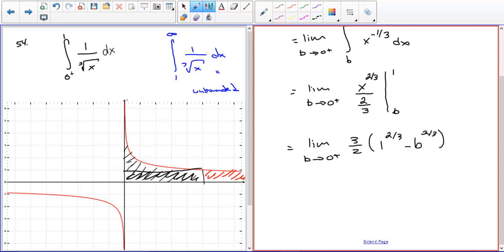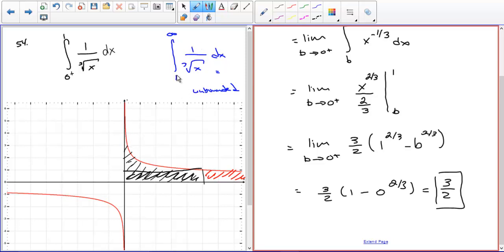So when you plug 0 in for b, you'll end up with 3/2 times 1 minus 0 to the 2/3, which is just 0. So you end up with 3/2. So the answer is 3/2. The area underneath the black curve is 3/2. That's because this function approaches the y-axis quickly enough that this little sliver of area, when added up all the way to infinity, is a finite number, not an infinite number.